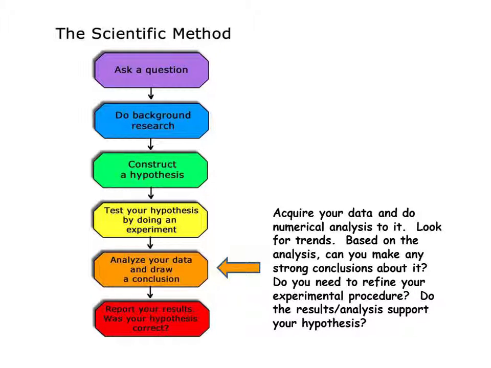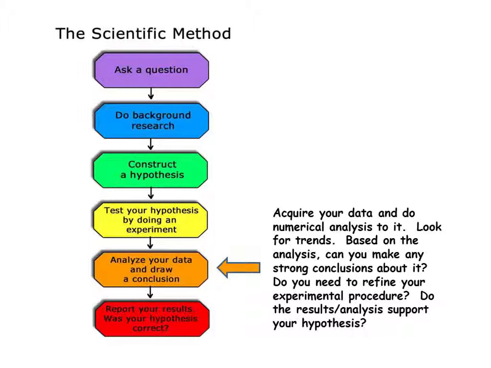For example, you might say that the larger orange gives you the sweeter juice, when in fact the larger orange gave you the more sour juice, right? So you've learned something in there. You've learned that your hypothesis was wrong, but you've also learned that maybe it's the reverse of what your hypothesis was. Do you need to do more experimentation? I don't know.